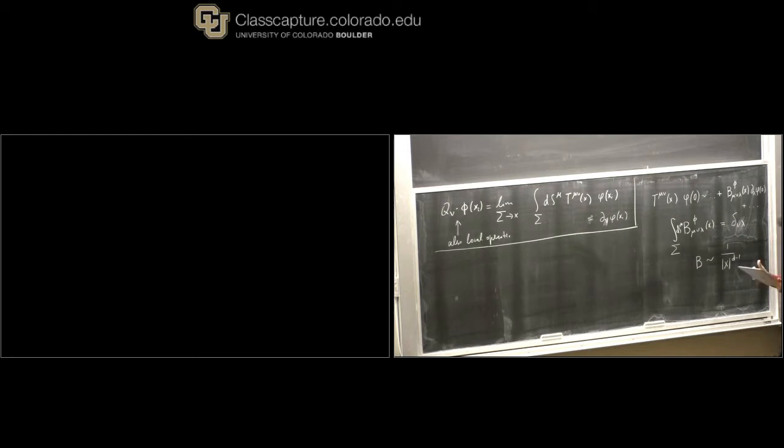So this tells us something interesting. Just by comparing dimensions of terms in this OPE, we have φ here, we have φ here, we have one derivative, and here we have 1 over x^{d-1}.